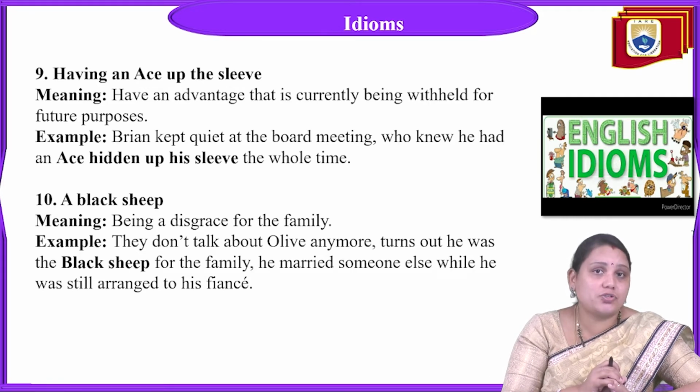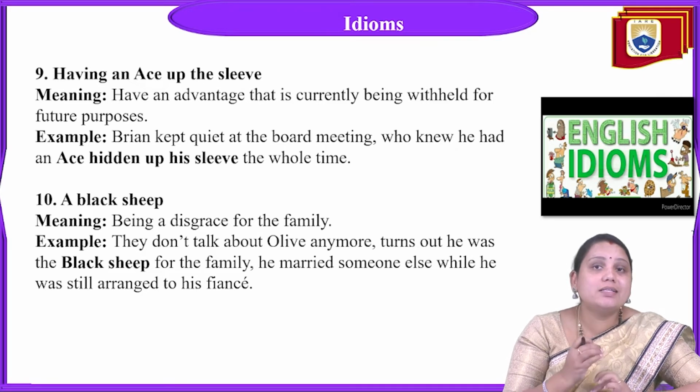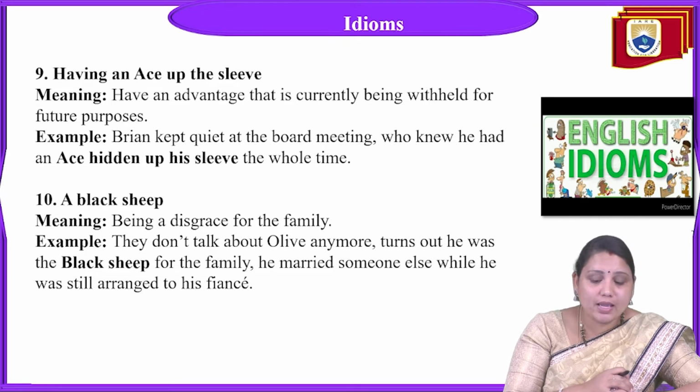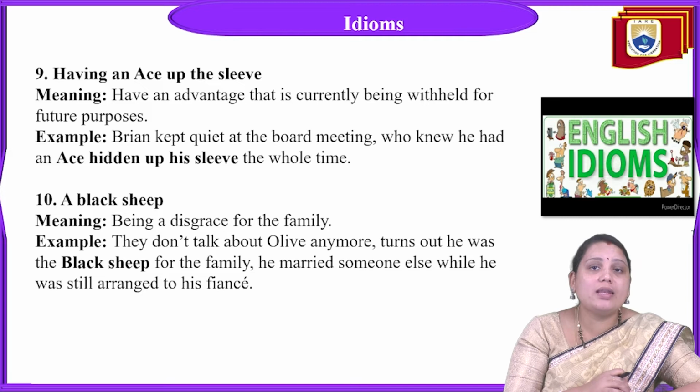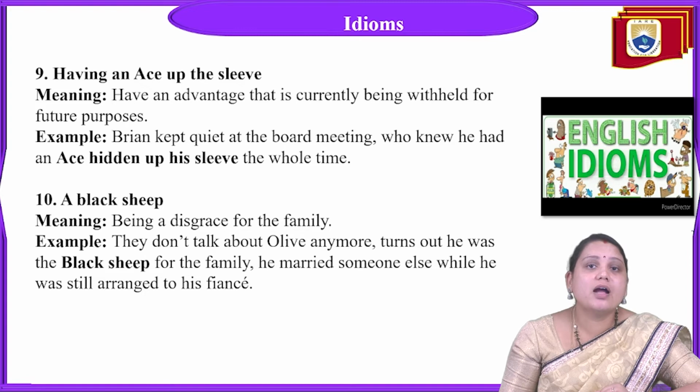Next, a black sheep. What is the meaning of a black sheep here? Being a disgrace for the family. And now the example could be, they don't talk about Olive anymore. Turns out he was the black sheep of the family. He married someone else while he was still engaged to his fiancée.